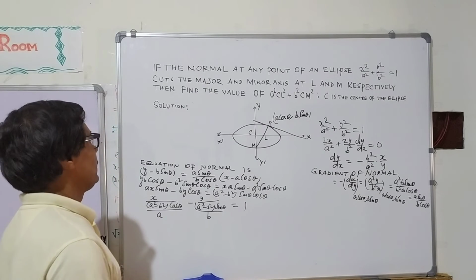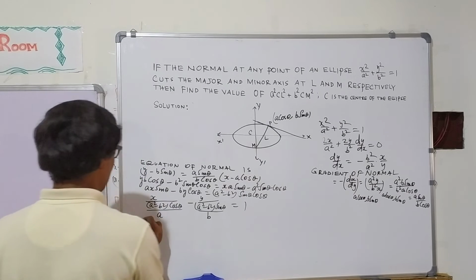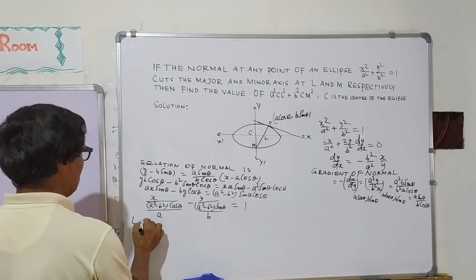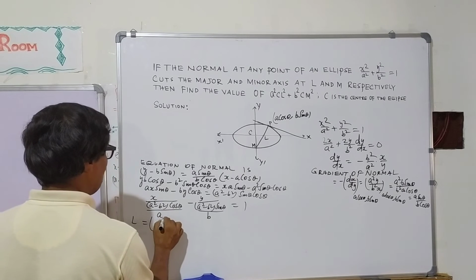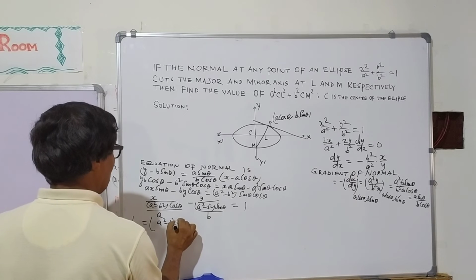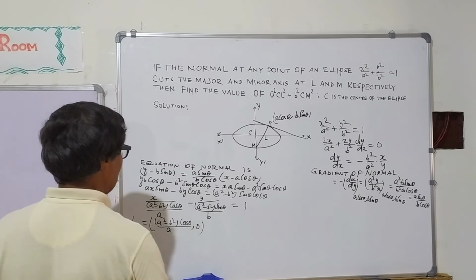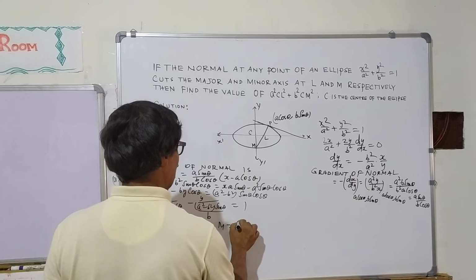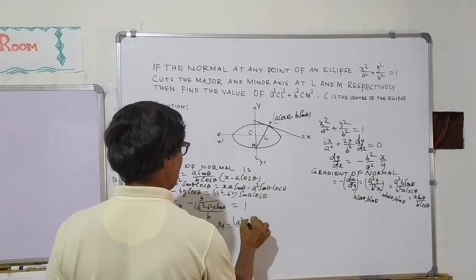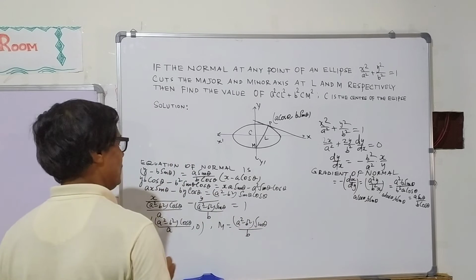So, we can get the coordinates of L. The coordinate of L is (a square minus b square) cos theta over a, 0, and the coordinate of M is 0, (a square minus b square) sin theta over b.